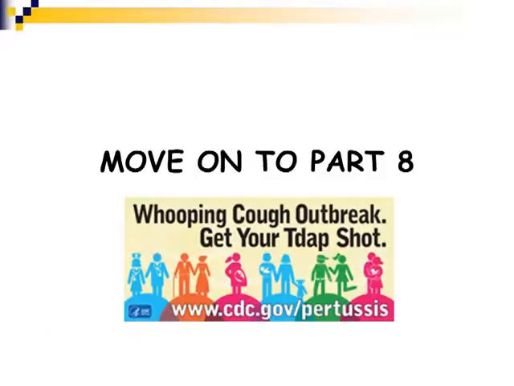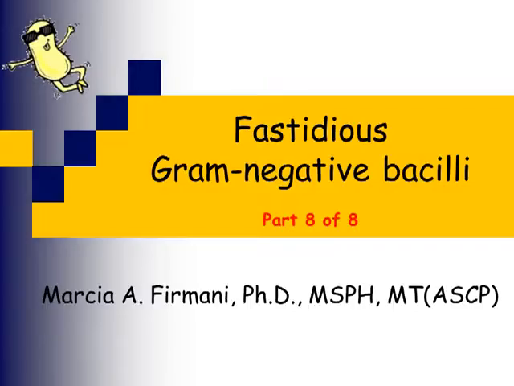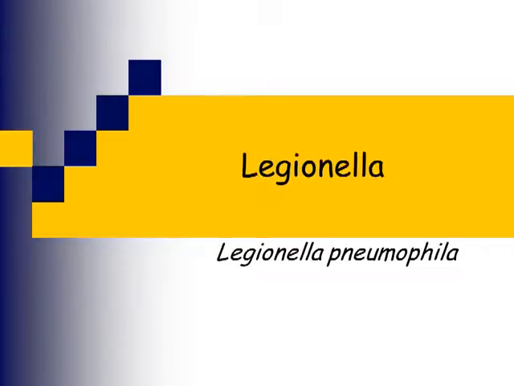So we're going to move on now to the last part of our lecture. We're now in the last section of our fastidious gram-negative bacilli lecture. In this section, we are going to focus on the genus Legionella, and specifically the species pneumophila.